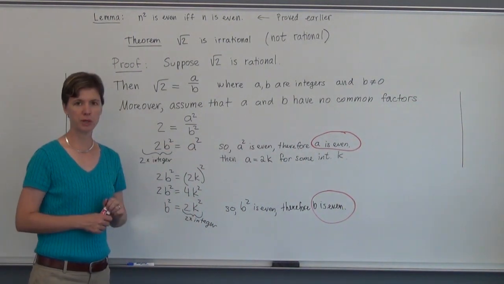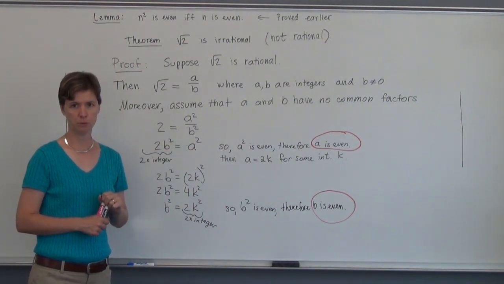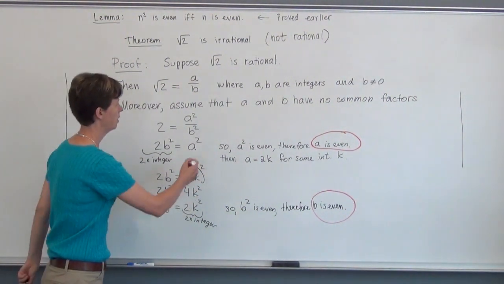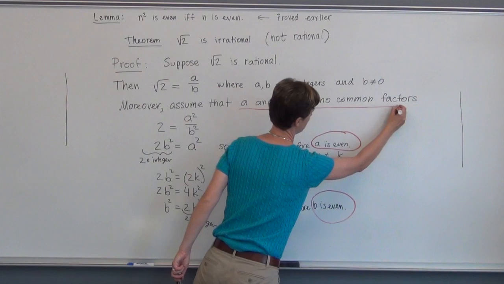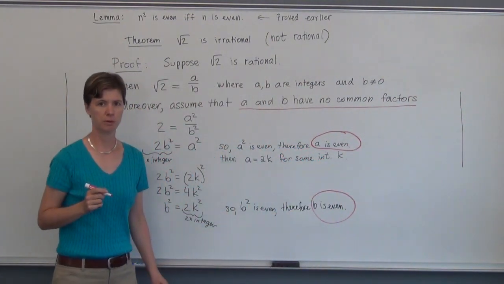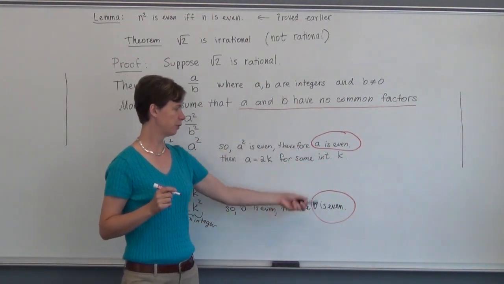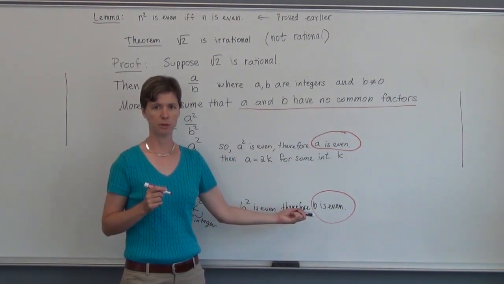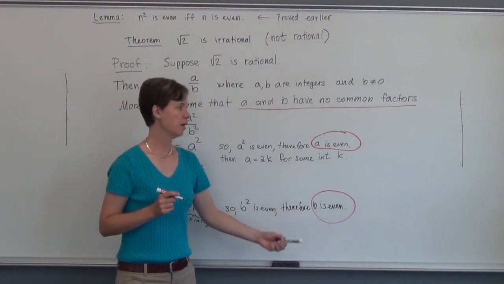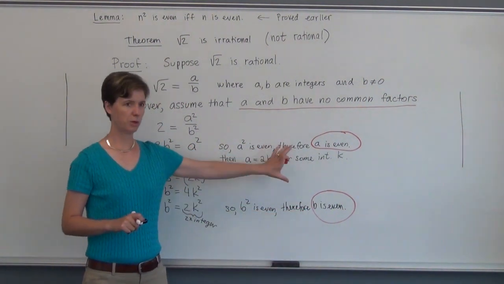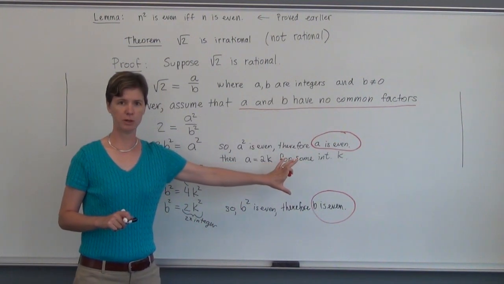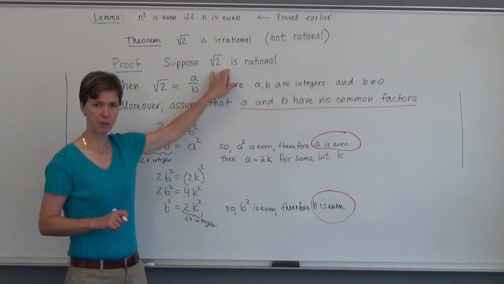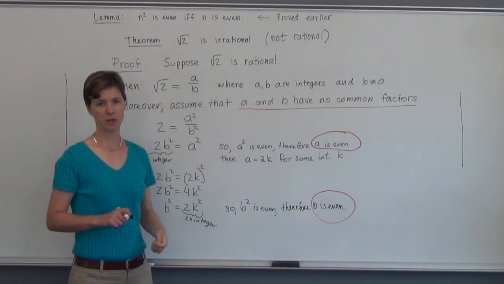Does this contradict anything that we know to be true? Remember, we assumed that a and b have no common factors. And here we have that both of them are even numbers, so both of them are divisible by 2. This is where we conclude that because we arrived at a contradiction, our initial assumption that the square root of 2 was rational is incorrect, and so it has to be irrational.